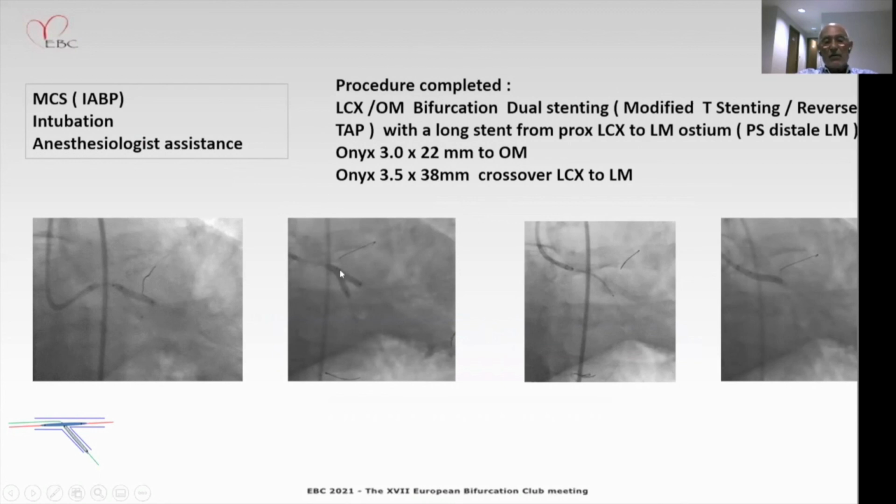We started from the bifurcation of proximal circumflex and marginal.